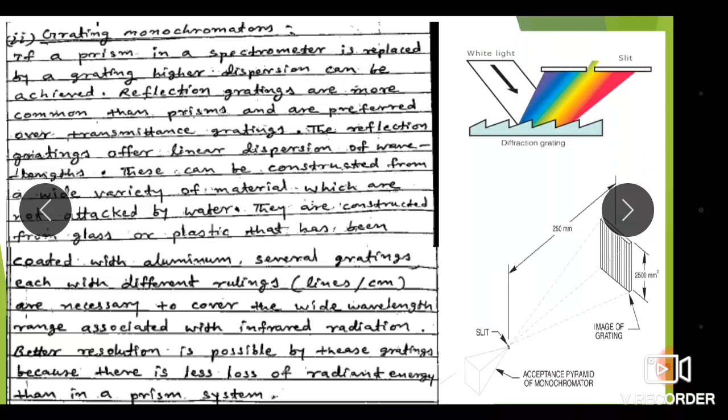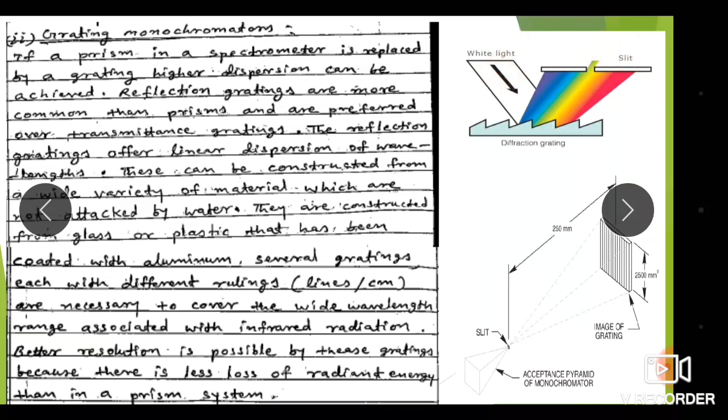They are constructed from glass or plastic that has been coated with aluminum. So the material for preparing the diffraction grating is plastic or glass.